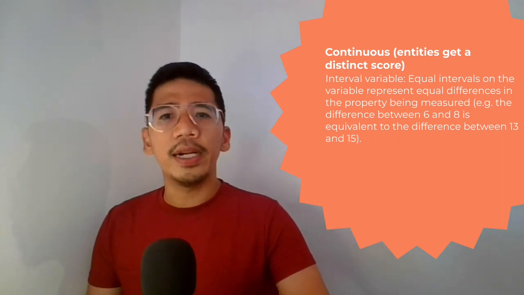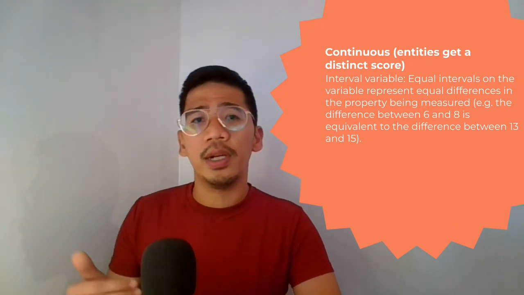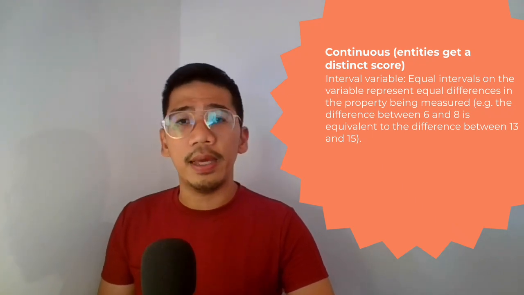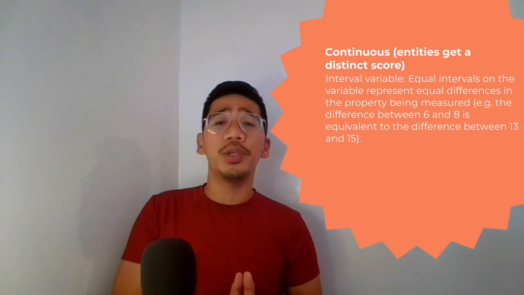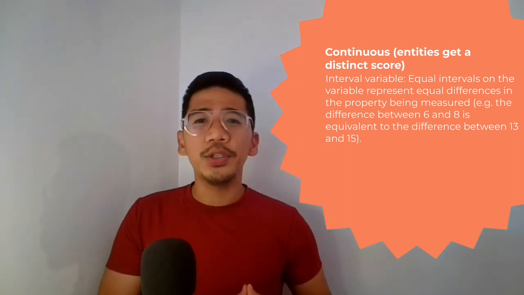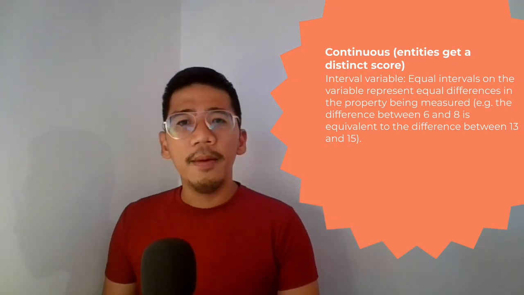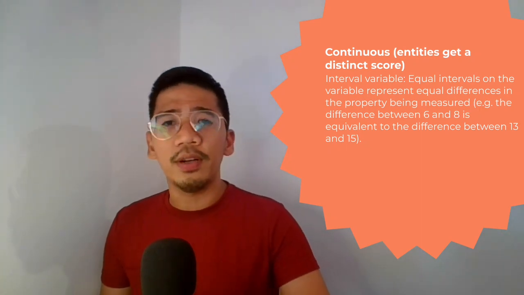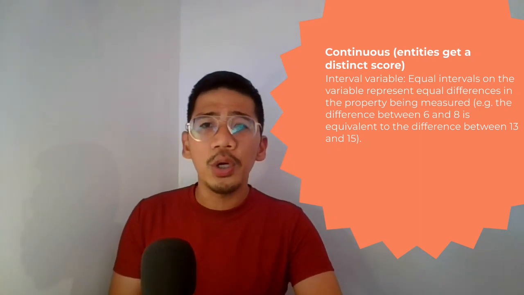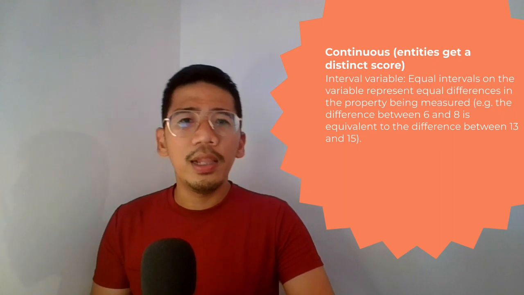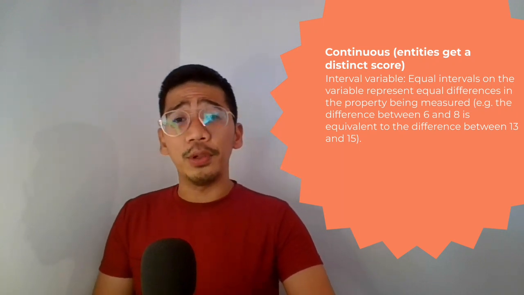Now, ratio variables go a step further than interval data by requiring that, in addition to the measurement scale meeting the requirements of an interval variable, the ratio of values along the scale should be meaningful too.